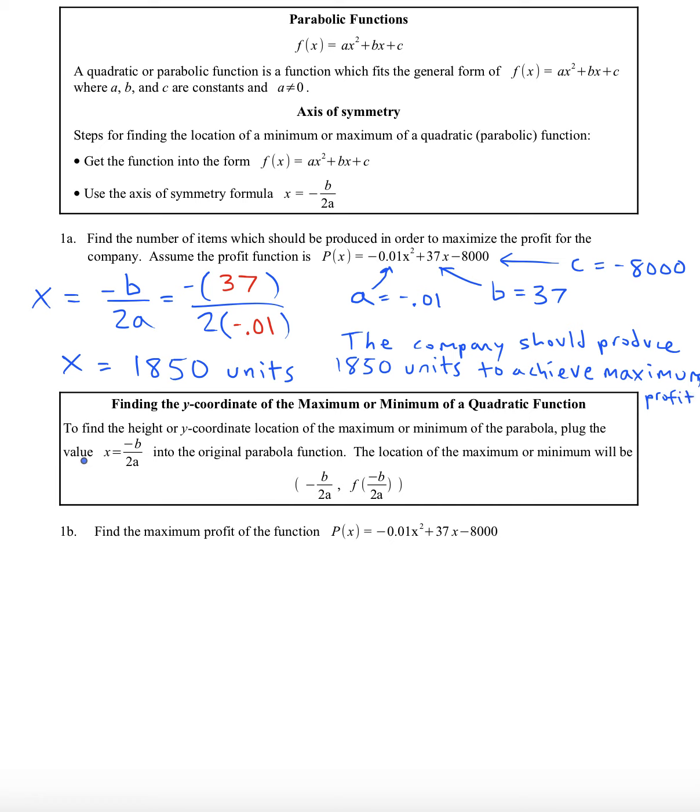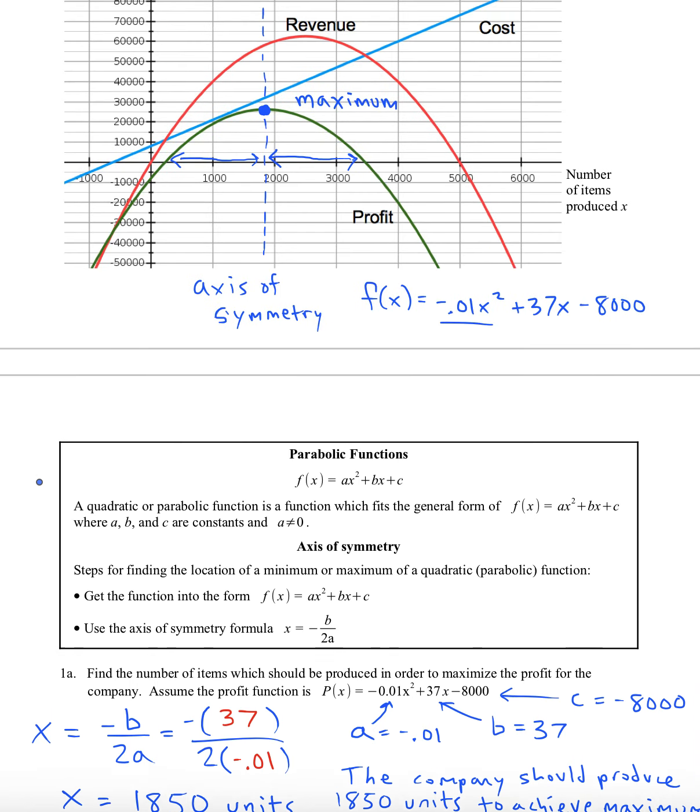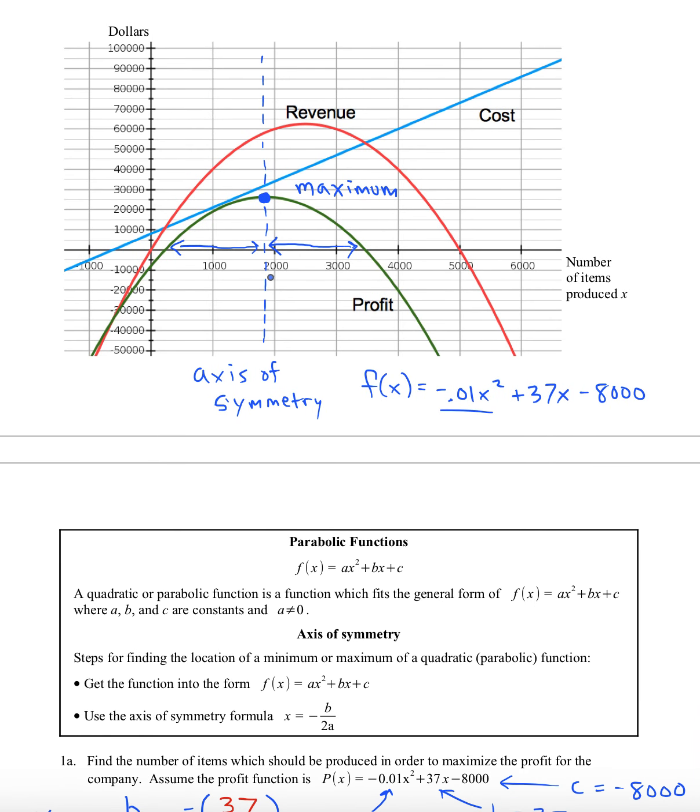Okay, so if we go back to that original problem, we can mark this x value as 1850. That's what we're finding, the location on the x-axis where that vertex occurs.